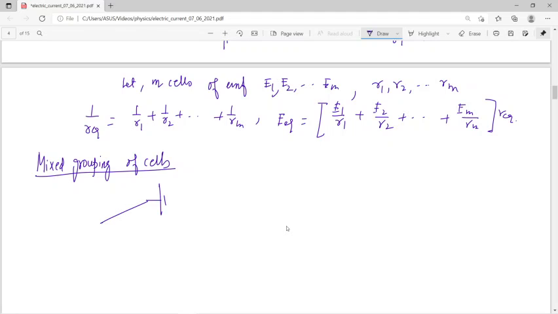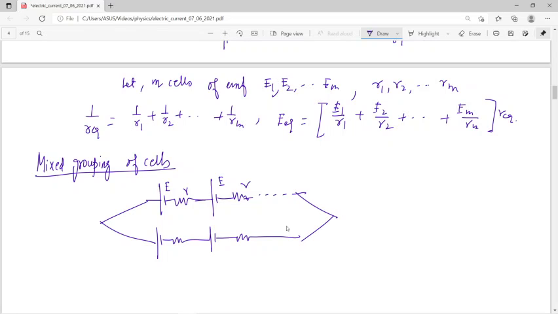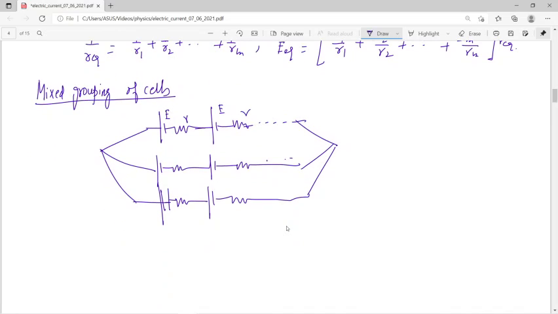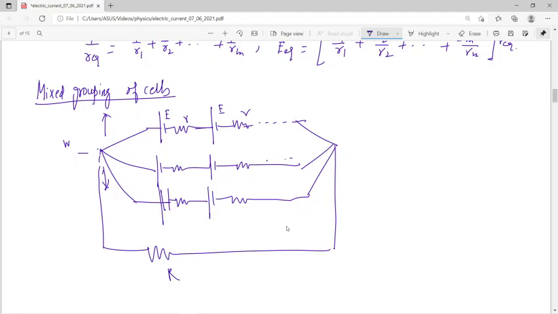If we consider this is E, this is R, and this is a resistance, this is a battery, this is a resistance, connected in series and parallel, and this is a capital R, and there are m rows available.